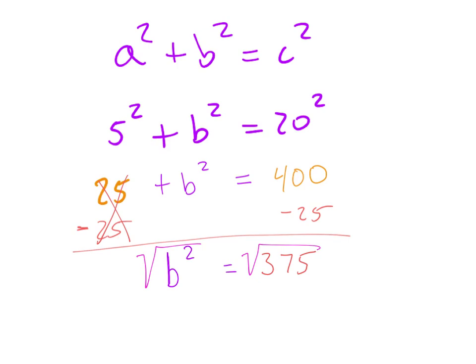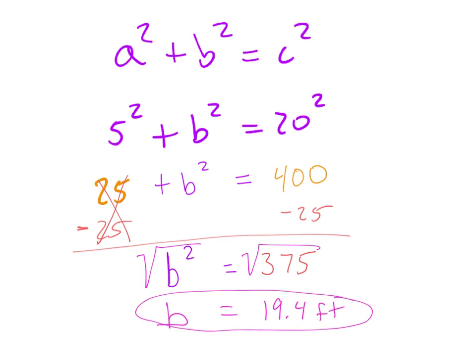Square root of b squared equals b, because those cancel each other. And what did you get? 19.4. Is that rounded? Yeah. 19.4 feet.